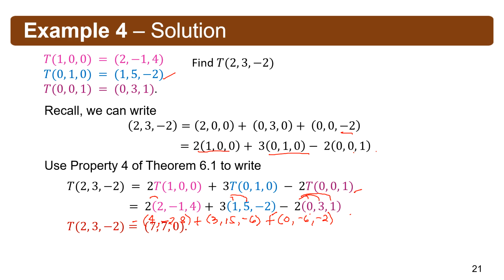And then once we add, that will give us 4 plus 3 plus 0, then for the second component, that's -2 plus 15 minus 6, and then the last, 8 minus 6 minus 2. And that gives us (7, 7, 0). So that is the transformation T(2, 3, -2). So this is our answer.